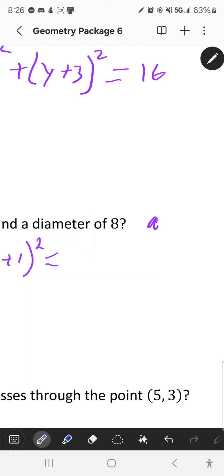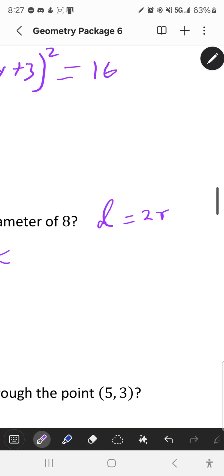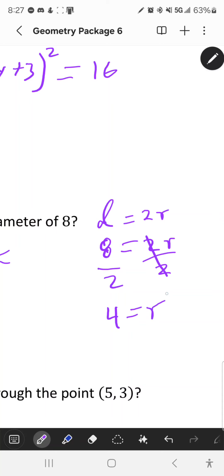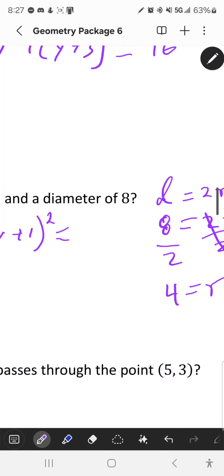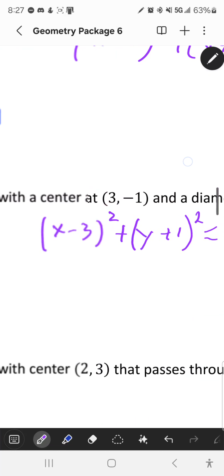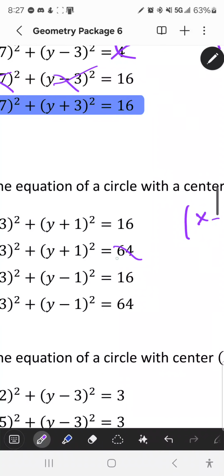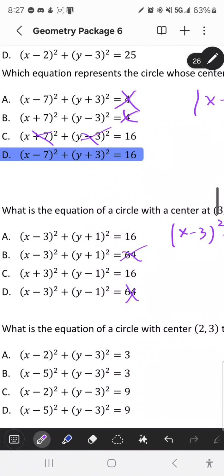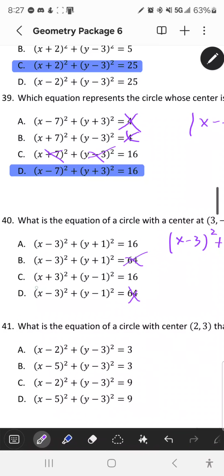So 8 equals 2r, we divide by 2, and now we have that 4 equals r. So 4 is the radius, and 4 squared is 16. I take out the one that says 64, and then I have minus 3 plus 1, which is choice A.